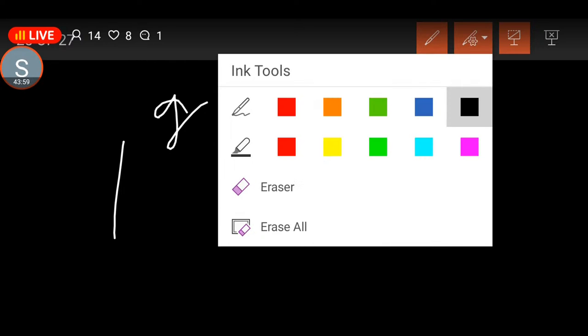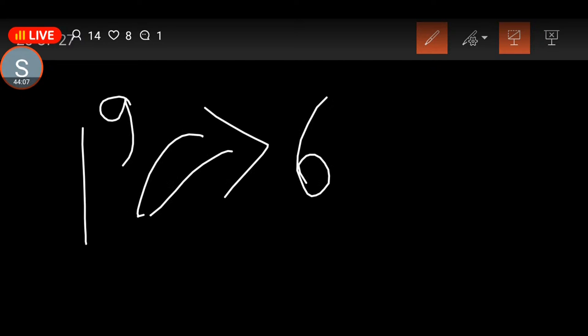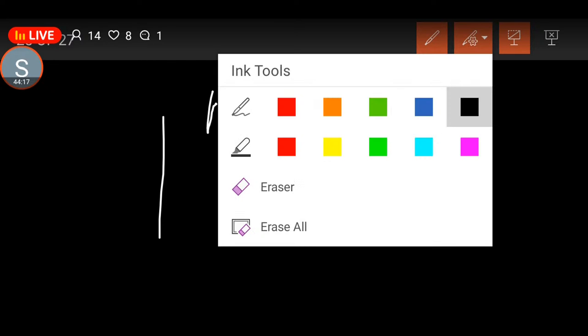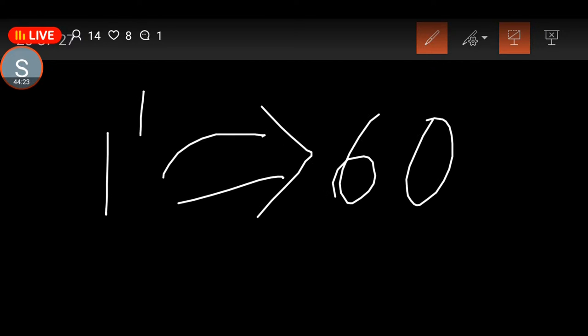In the centesimal system, we divide 1 grade into 60 equal parts again, and each part is called 1 minute, represented the same as in the sexagesimal system.